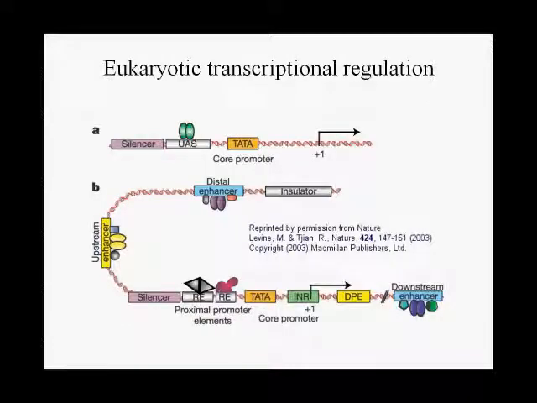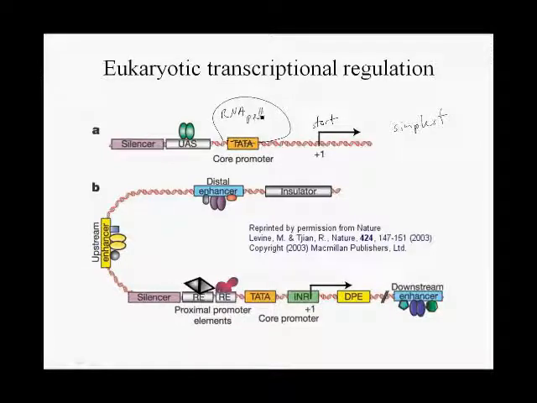So here is a couple of diagrams of eukaryotic genes, of how transcriptional regulation might work. The first shown here is the simple model. It's the simplest case. Here we have the start site of transcription, and this is the core promoter, the TATA site, where RNA polymerase binds.